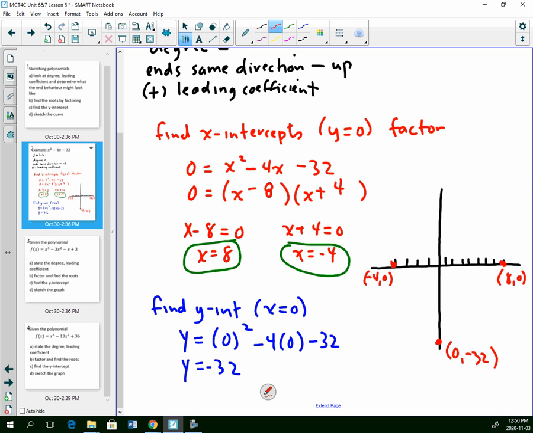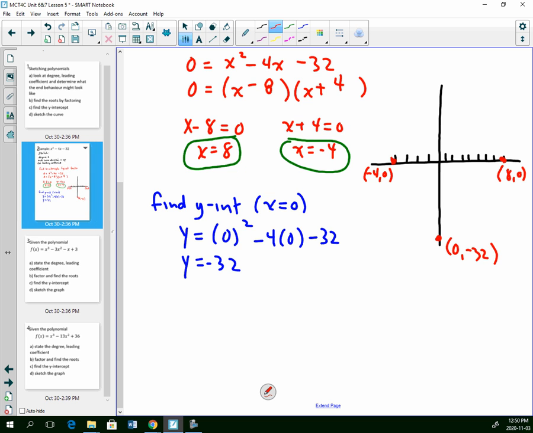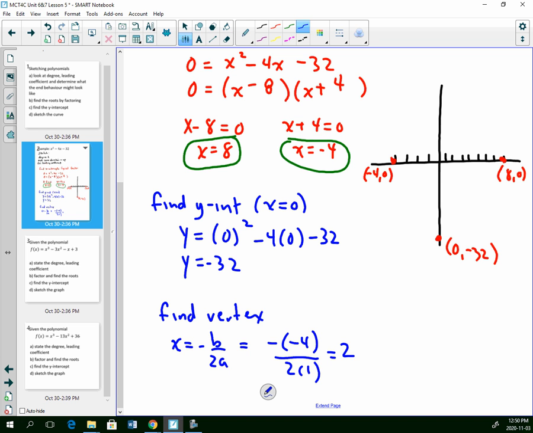Where is the vertex? Well, if it's a quadratic, I could find the vertex, because I know how to do that. So I'm going to find the vertex. We know that we could do negative b over 2a to find the x coordinate. So it's going to be minus negative 4 over 2 times 1. So the vertex will occur at x equals 2.